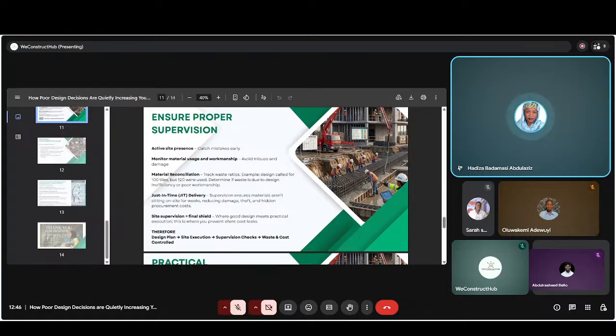If you have a good relationship with your supplier, you can buy any quantity from the supplier. You understand? Whenever you need it on site, you have a small stock, and then you bring stuff in for the short period of time you need, then you make use of it. So therefore, for site execution: post supervision, check, and then waste and cost control.